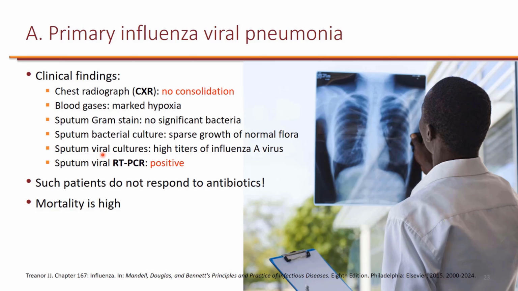Now, one thing that will diagnose viral pneumonia for sure: if on the sputum sample we do a reverse transcription PCR, and the PCR is positive, that actually confirms viral influenza pneumonia. Now, these patients, of course, will not respond to antibiotics because it's a viral infection. However, because it's pneumonia, mortality is high.